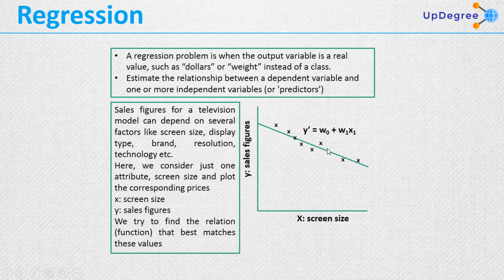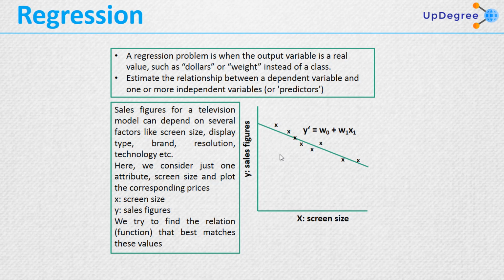Now another point is very important. For a new value of x, we can predict the respective value of y. So for a new screen size, we can predict the respective sales figure. The sales figure for a television model can depend on several factors like screen size, display type, brand, resolution, technology used, etc. Here we consider just one attribute, say screen size, and plot the corresponding sales figures.